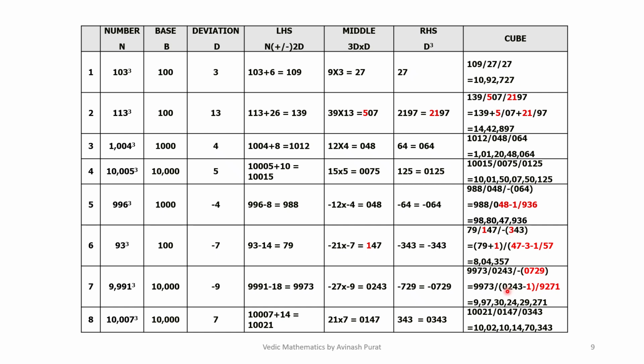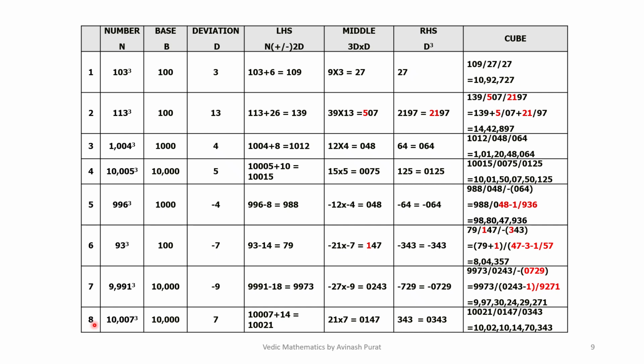So we get cube 9973 stroke 0243 stroke minus 0729, that is equal to 9973 stroke 0243 minus 1 stroke 9271, that is equal to 997302429271.